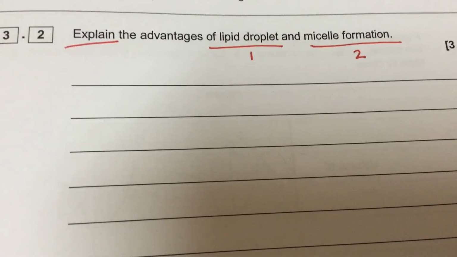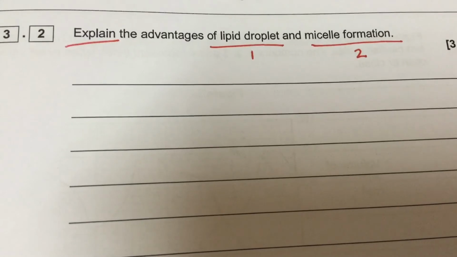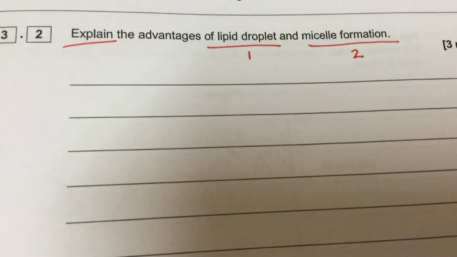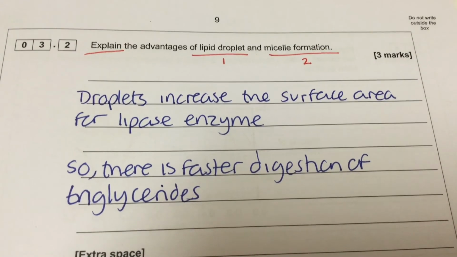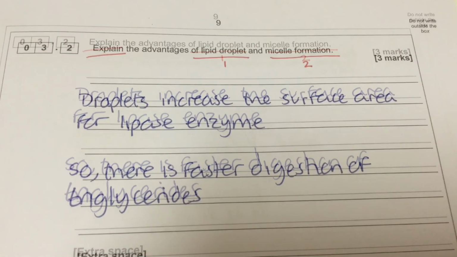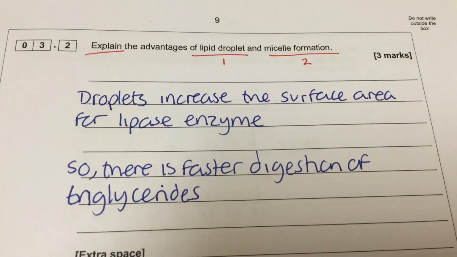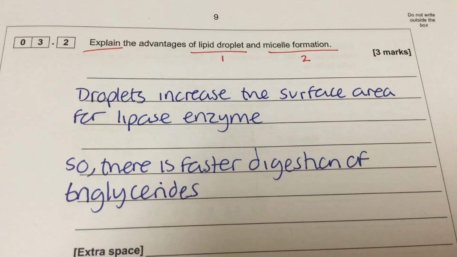So the first thing we're going to say is that droplets increase the surface area for the enzyme lipase. Again, we're being obvious. We're not just saying that droplets increase the surface area. We need to say why that helps, why that gives an advantage. So that's when we're going to say that there is then faster hydrolysis of triglycerides.